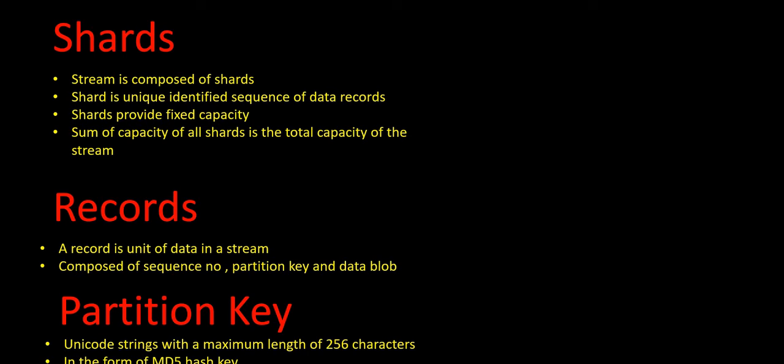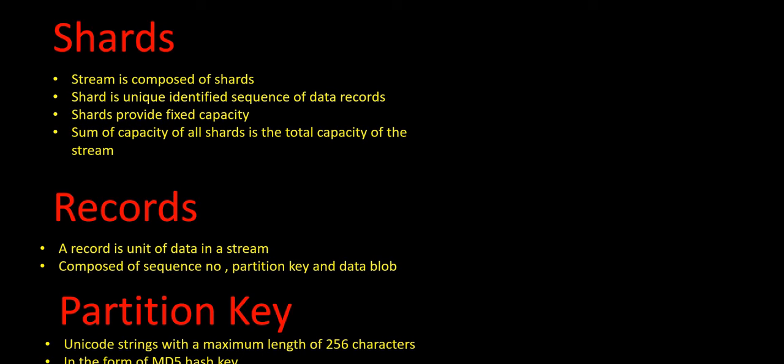And the other is the partition key. Partition key is basically a unique string with a maximum length of 256 characters, and it is used to form an MD5 hash key.